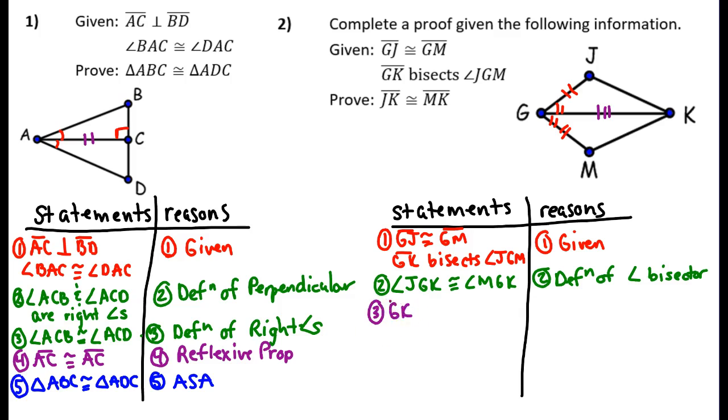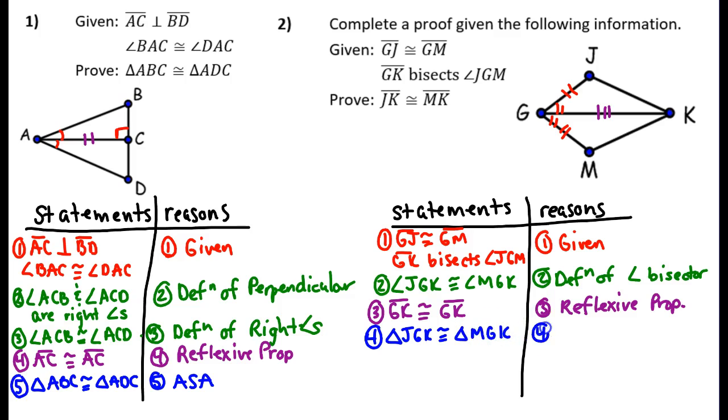So GK congruent to GK, and again that is the reflexive property. So now I can say that the two triangles are congruent because I have a side, an angle, and a side. So triangle JGK congruent to triangle MGK, and the reason being is side, angle, side.